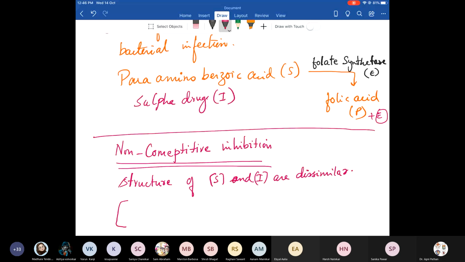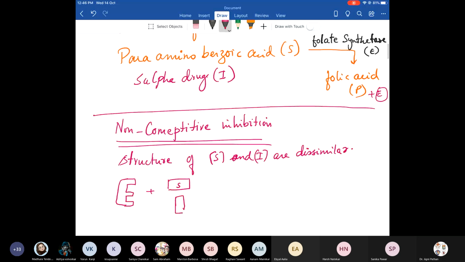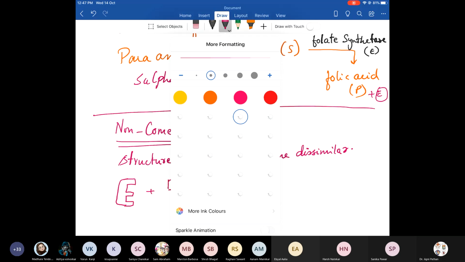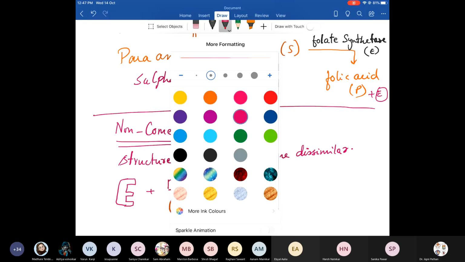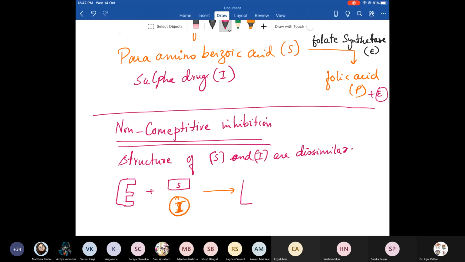You have enzyme plus you have substrate and you have inhibitor. Let me draw the inhibitor something else. This is inhibitor. Do they look similar? Substrate and inhibitor are not looking similar.